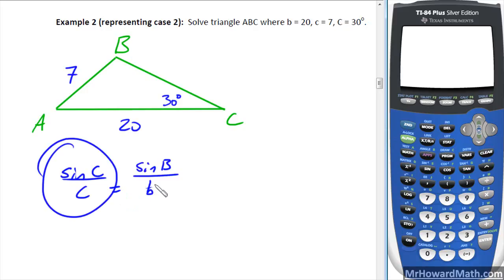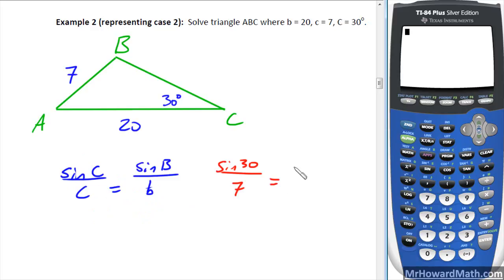We know all of this and part of this one, so we're just left with one missing piece, so we can use law of sines here. So sine 30 degrees over side length C, which is 7, is equal to sine of our unknown angle B over side length 20. So sine of angle B is equal to 20 sine 30 all over 7.